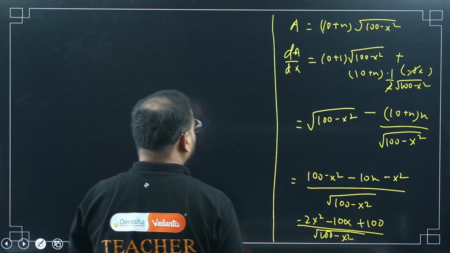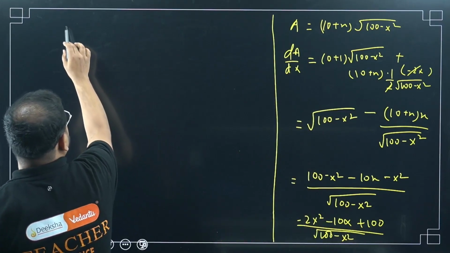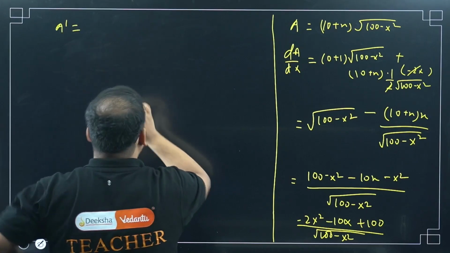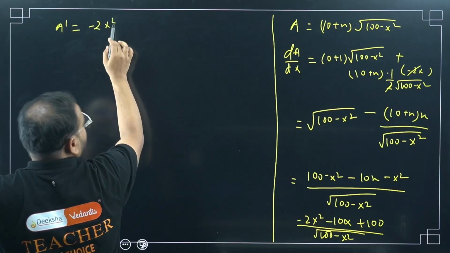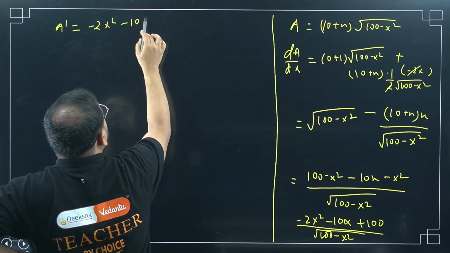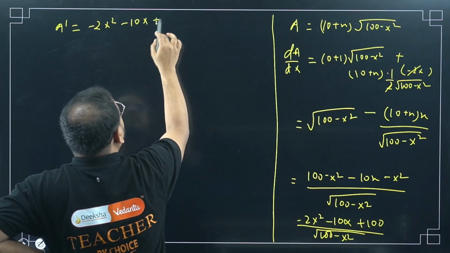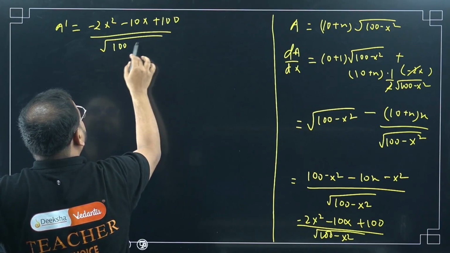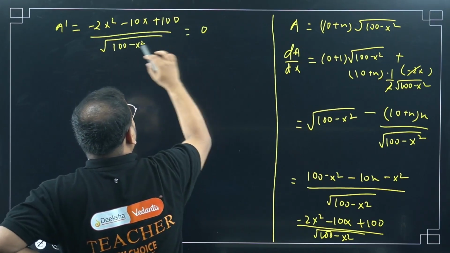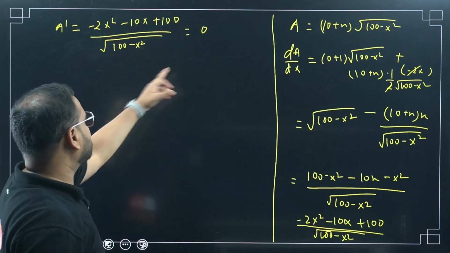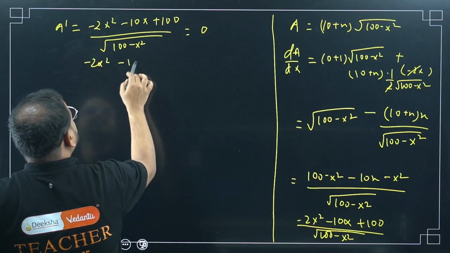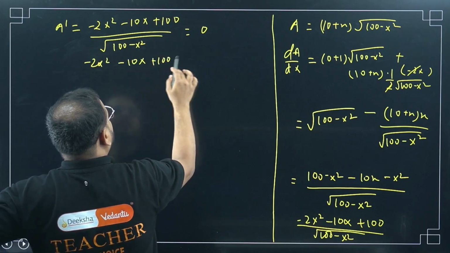Now to find the critical value, please check here. So this is basically my a dash. What is a dash? Minus 2x square minus 10x and plus 100 upon this whole thing, equal to 0. I can multiply it on this side. I'll get this condition: minus 2x square minus 10x plus 100 equal to 0.